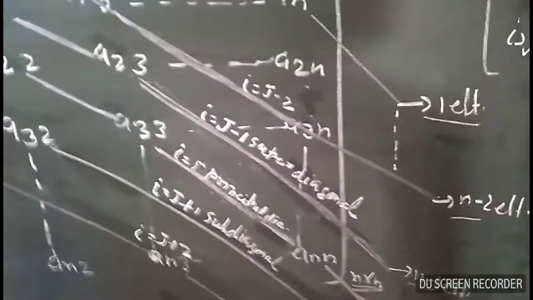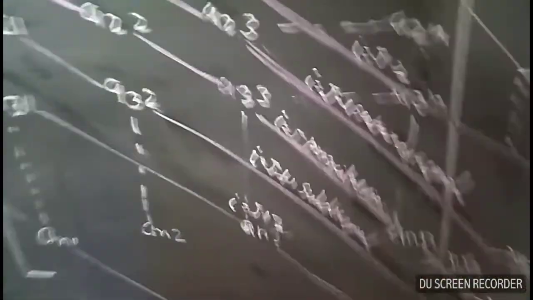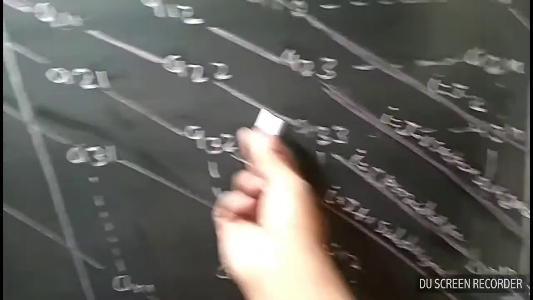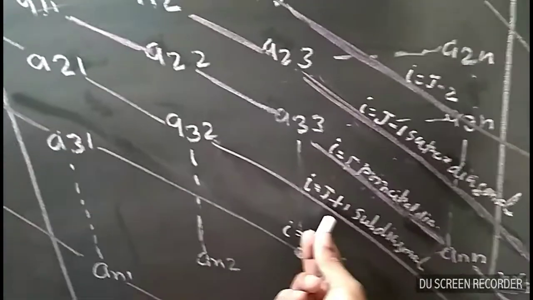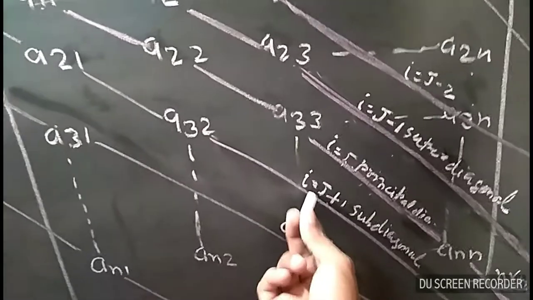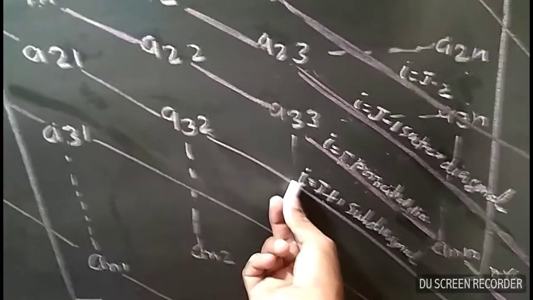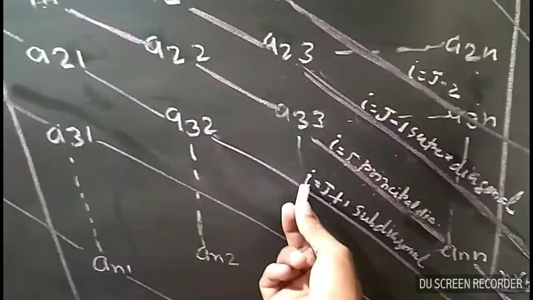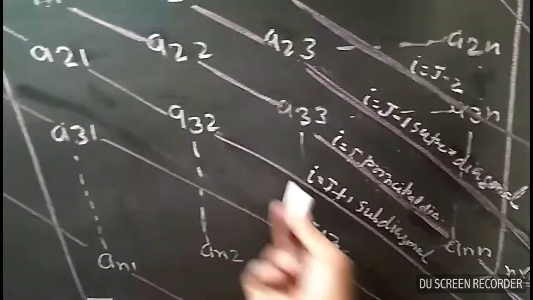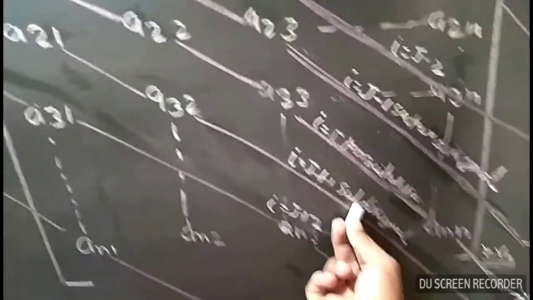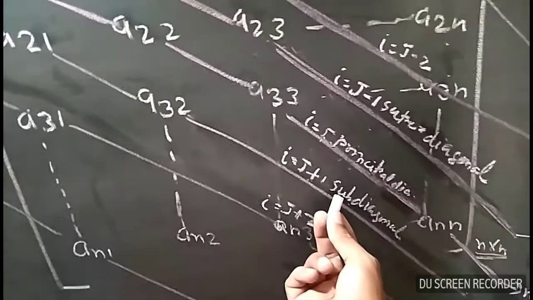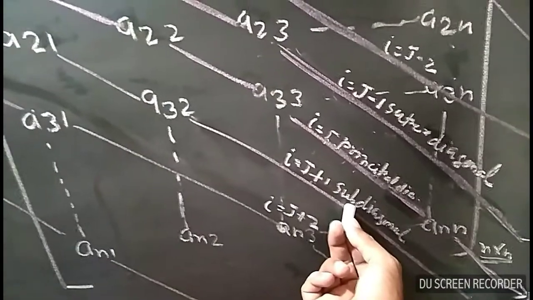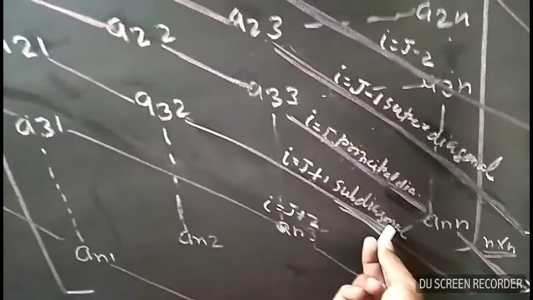Similarly, below the principal diagonal, this is the principal diagonal and this is below the principal diagonal. Here the row number is greater than the column number, and here i equal to j plus 1, then this diagonal is called the subdiagonal, that is the diagonal in a square matrix of order n cross n which is below the principal diagonal is called the subdiagonal.